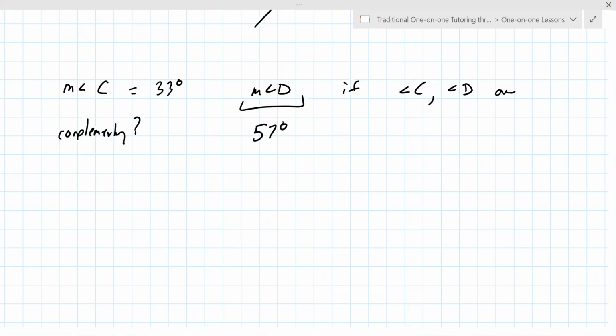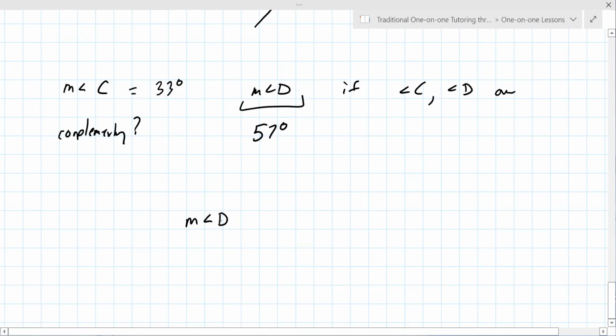So what's the difference with degrees? Some people might just write 57. If I wrote a question that says, "What is the measure of angle D?" and you wrote 57, it's like not giving units.